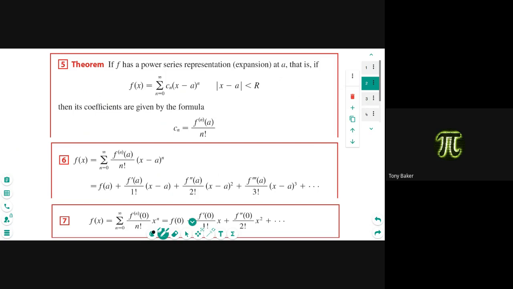So what that all was: one of the annoying mathematicians of the past, Mr. Taylor, figured out that the power series can be represented with the derivatives. The Taylor series is what it's called.